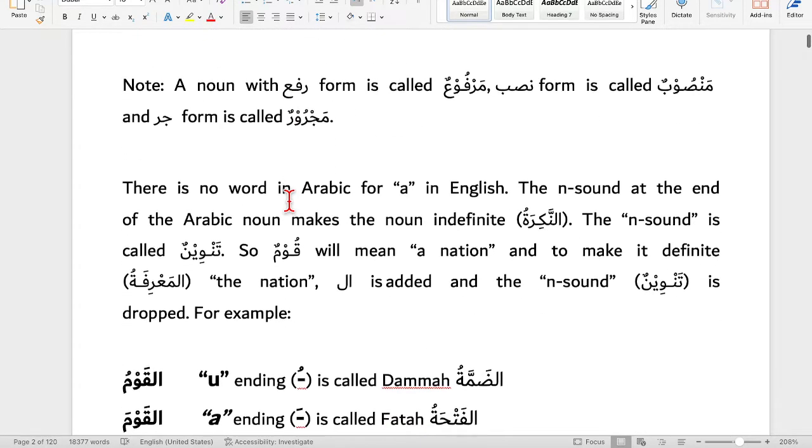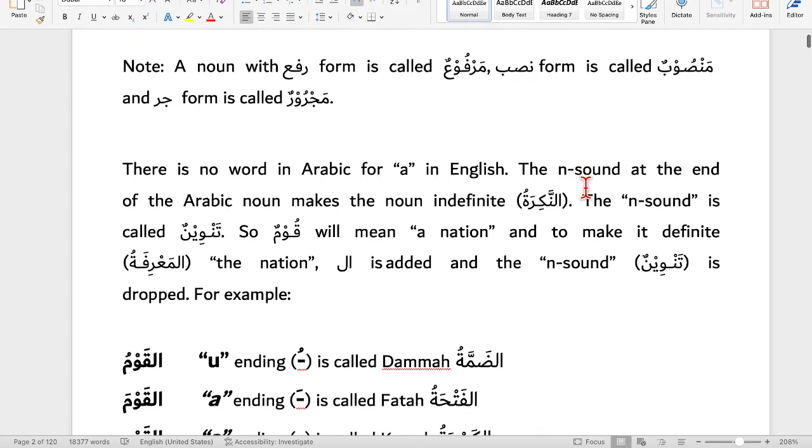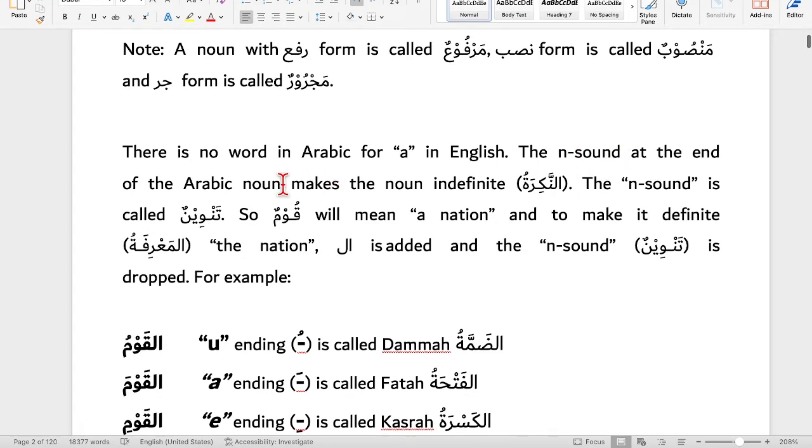The important thing to remember is that there is no word in Arabic like we have in English, a book, a tree, or something like that. But in Arabic, the end sound at the end of the noun makes the noun indefinite, and that end sound is called tanween.